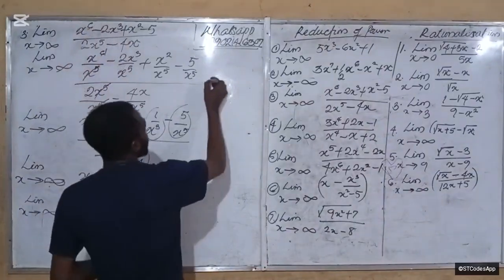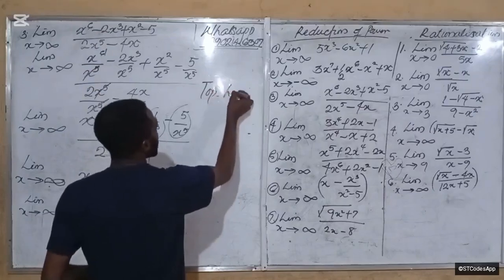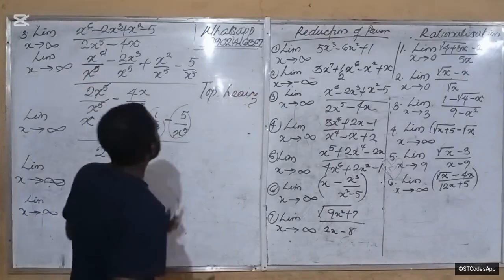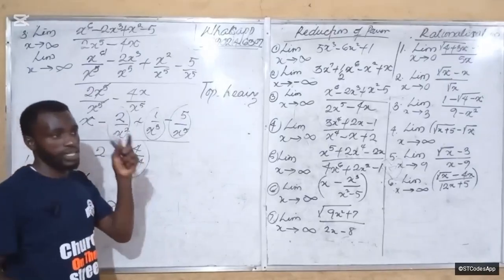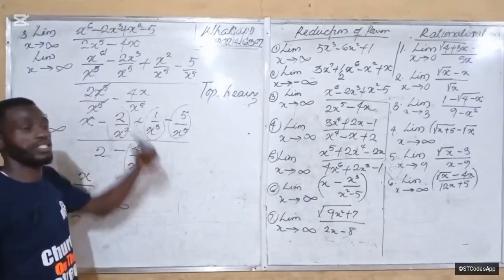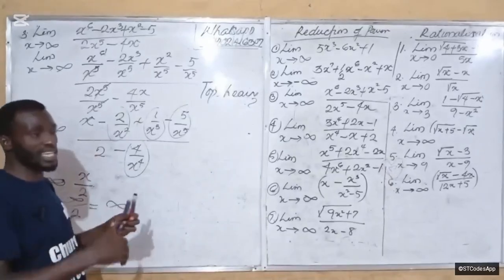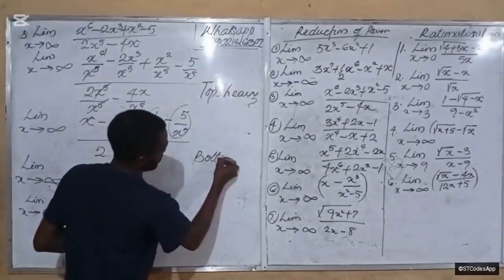So that is going to be called, we will call it top heavy. Then if the numerator has its highest power lower than the one in the denominator, that is, the denominator has its highest power greater than the highest power above it, that's going to be bottom heavy.